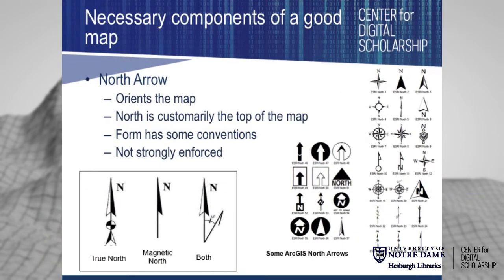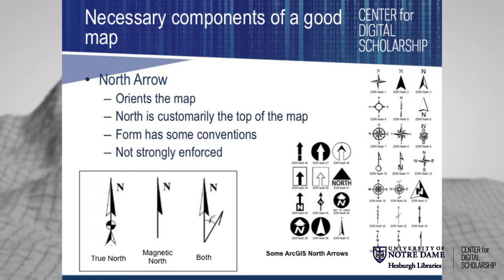If it has the arrow point on both sides, it's supposed to be true north. If it has it on one side, it's supposed to be magnetic north. And if it's got both, it's supposed to be both. These are not particularly strongly enforced in the amateur cartography GIS world, but do keep in mind that almost always what you're dealing with is true north on a map, so try to use one that indicates that.